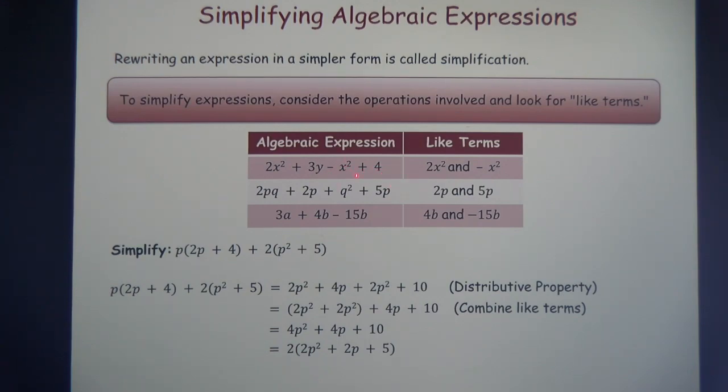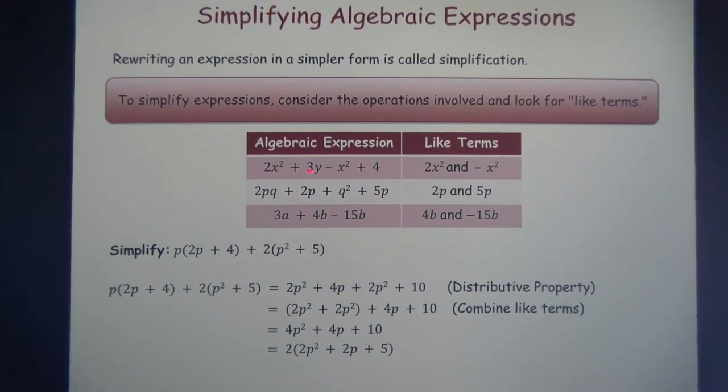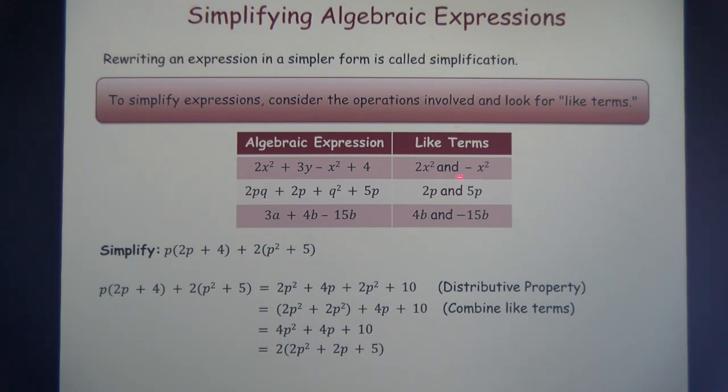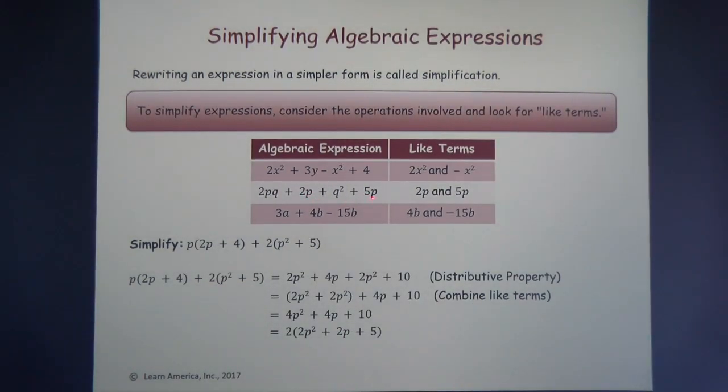How many x squares do I have here? 1, right. So this becomes 2x squared and a negative 1x squared. Those are like terms. Pick out the like terms over here. 2p and 5p. And here I have a 4b and the negative 15b. It becomes a subtraction operation, but if I look at the term, it's a negative 15b.